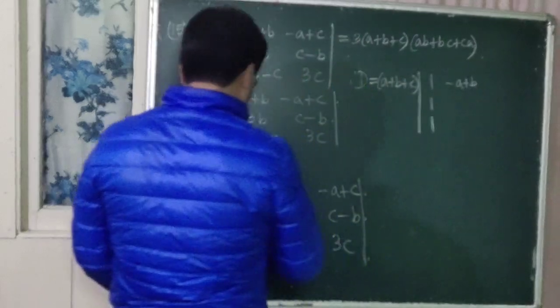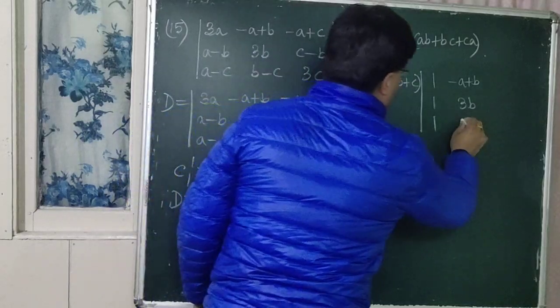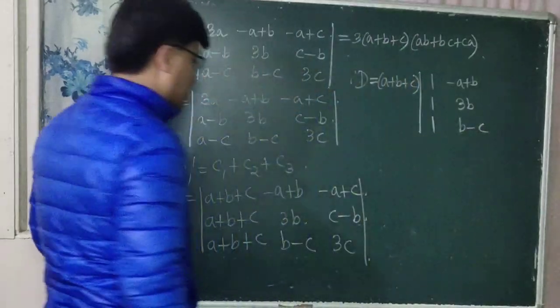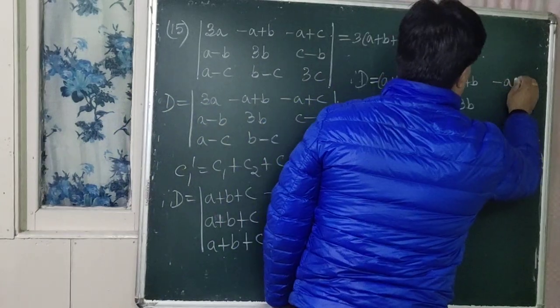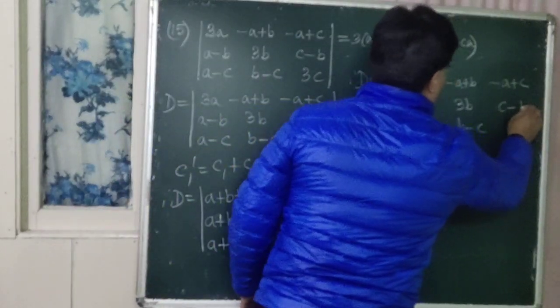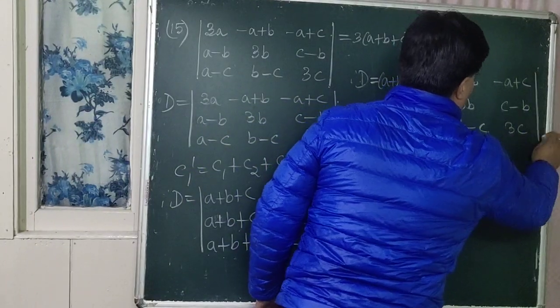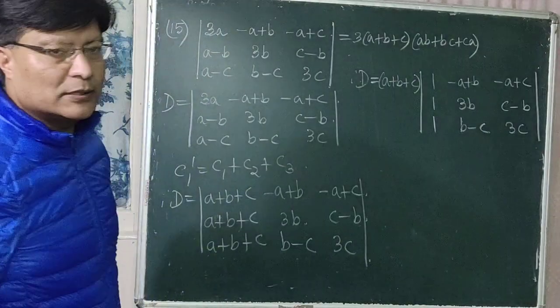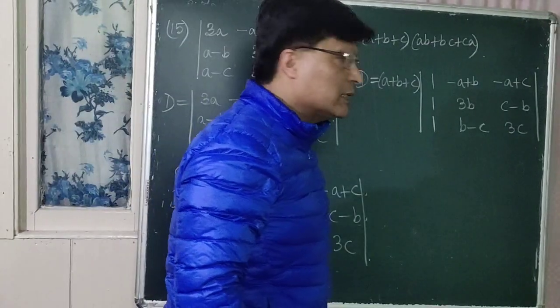Minus A plus B, 3B, then B minus C. B minus C, right? What is the third one? Minus A plus C, then C minus B, then 3C. Is it clear? So I think it's clear now.